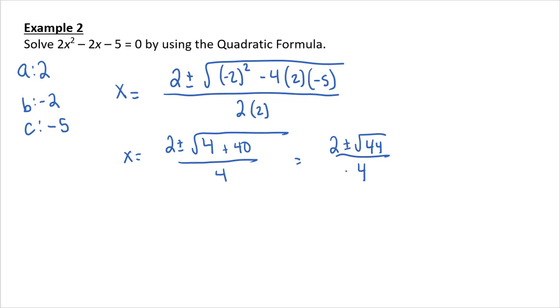So then they want you to do this in your calculator and get the answer to the nearest tenth. So I do 2 plus root 44, press enter, then I divide by 4 and I get 2.2. And then if I do 2 minus square root of 44, press enter in my calculator, then I divide by 4, I get negative 1.2.